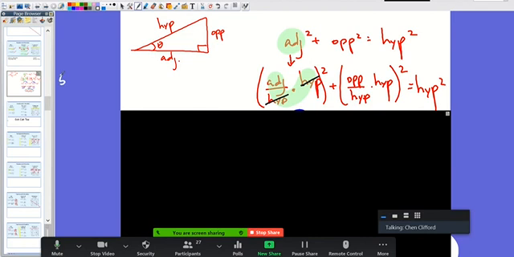Is 5 the same thing as 5 over whatever? I'm going to call this x times x. The answer is yes, it's the same thing because you can just cancel out the x's, just like you can cancel out the hypotenuse. So those two are exactly the same thing.